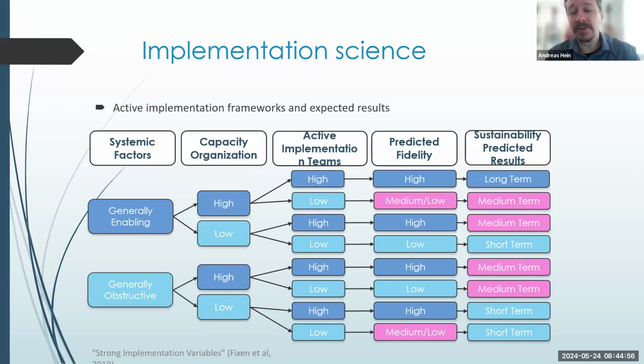Here's a scheme. We'll share this presentation later, but here you can see the interplay of how systemic factors and the capacity of the organization and implementation teams may affect predicted fidelity and sustainability of results. What I mentioned before is that in implementation science we usually distinguish between weak and strong factors. The strong factors run from the intervention to the organization to the context.